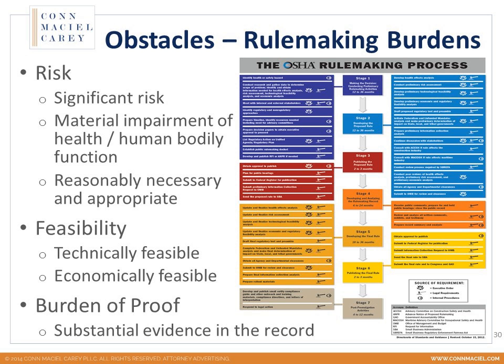Under the OSHA Act and case law that has developed under the Act, OSHA is required to develop a standard only where it can demonstrate that there is significant risk of material impairment of health or bodily function.